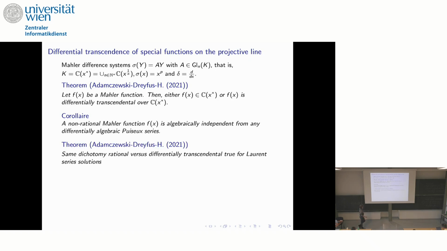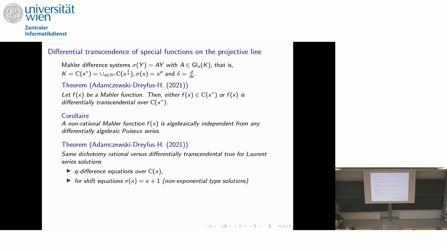And in fact, we prove this dichotomy, rational versus differentially transcendental, for any Laurent series solution of a q-difference equation over C of X. And also for shift equations, we had an assumption because we don't want to say something stupid.